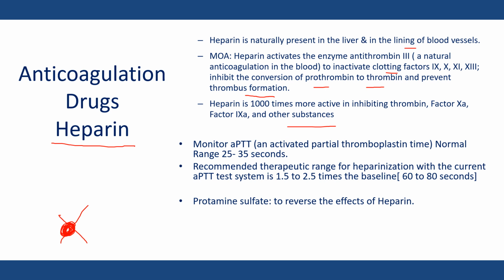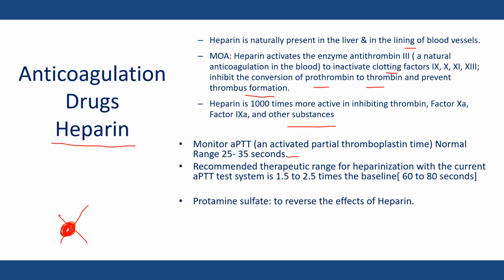So what we do, from a safety standpoint, is monitor APTT levels, and APTT stands for activated partial thromboplastin time. Normal range for somebody who's not on heparin treatment, like a healthy individual like you and I, would be 25 to 35 seconds.